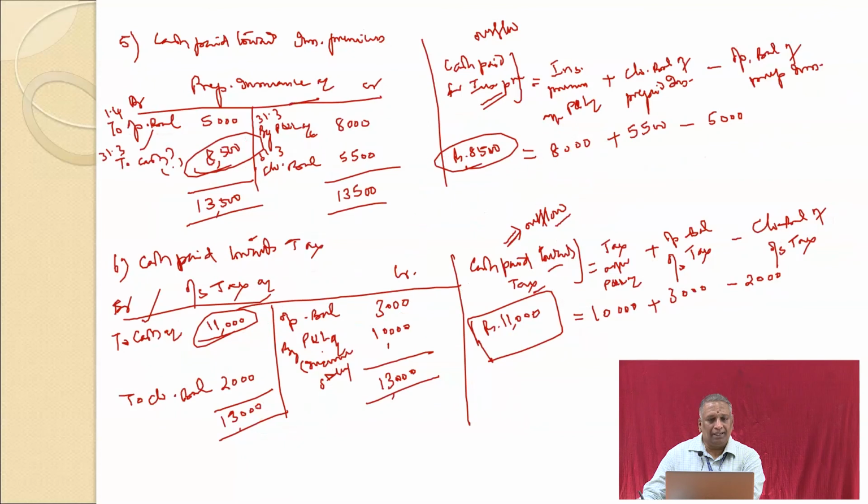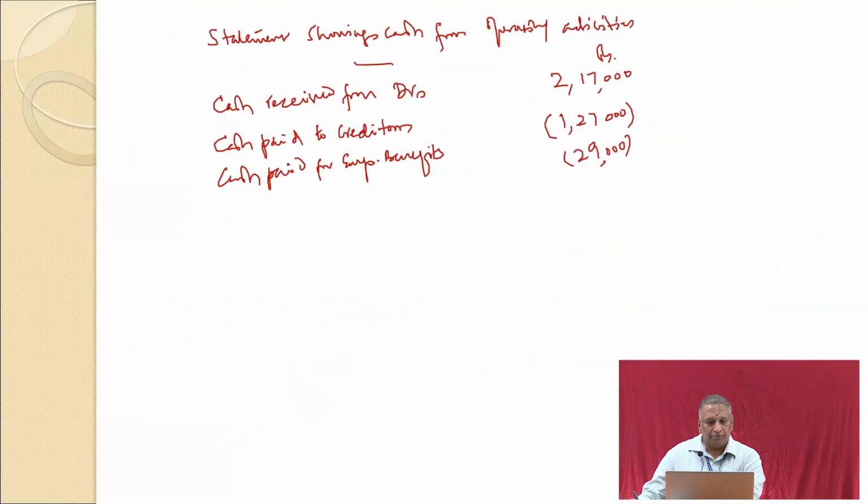So cash paid towards insurance is 8,500. Then at last, cash paid towards tax, we can deduct separately.